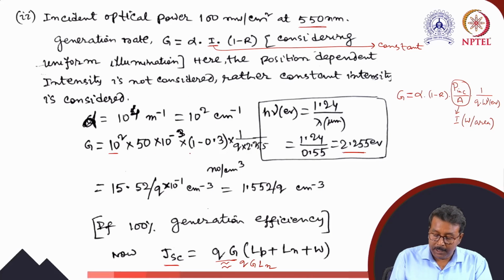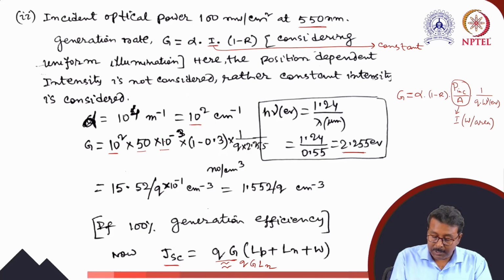And 50 milliwatt per centimeter square is the incident optical power. So 50 × 10 to the power minus 3 watt per centimeter square. That's why we have calculated it per centimeter square. So G here also we have not changed. We have converted the alpha value per centimeter.